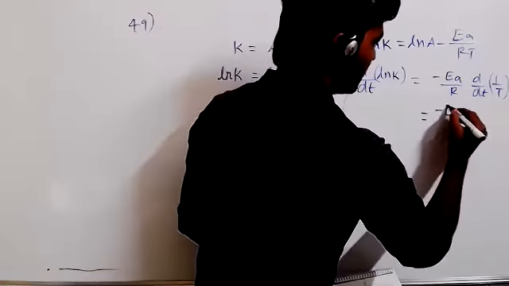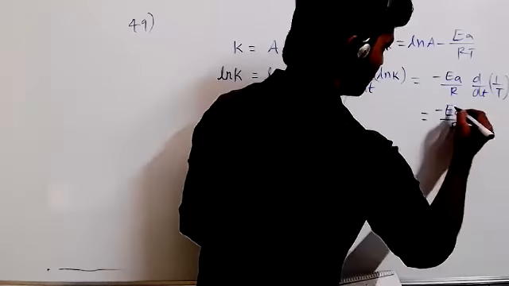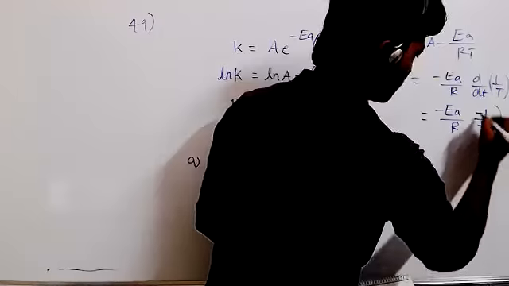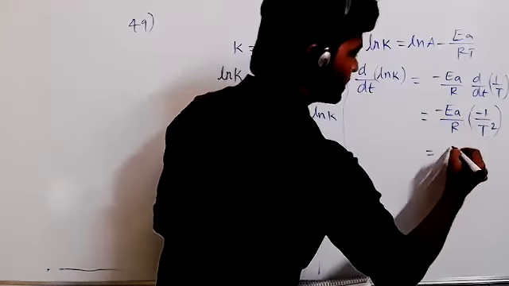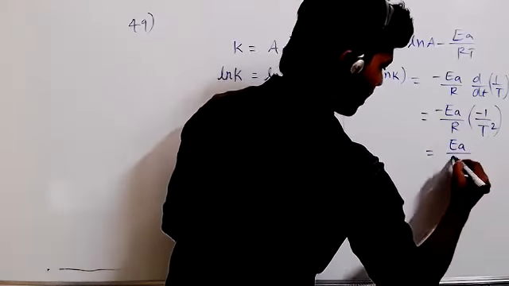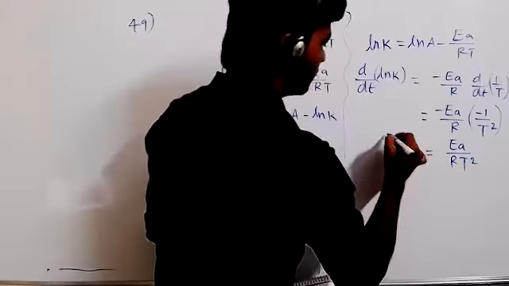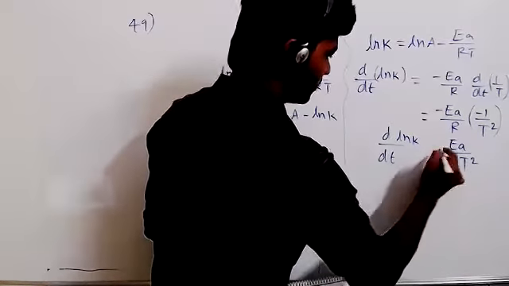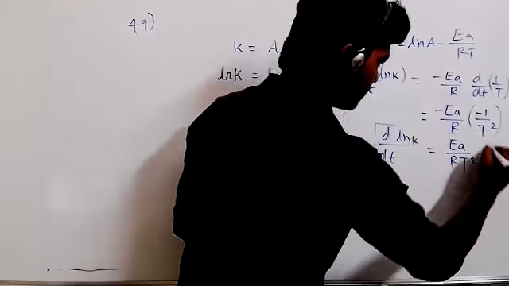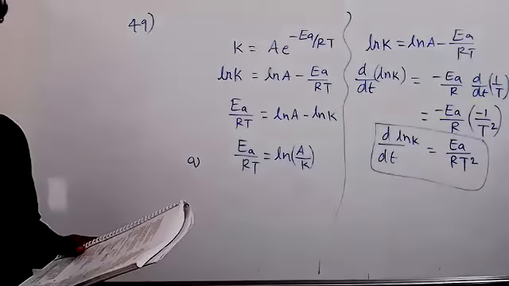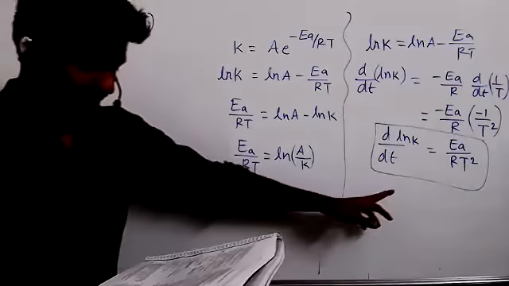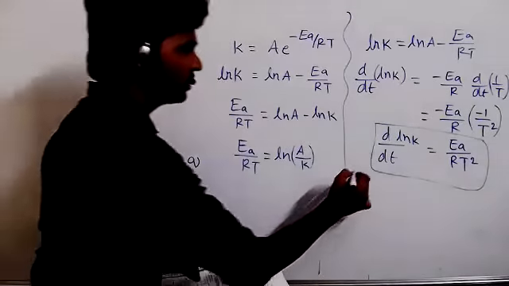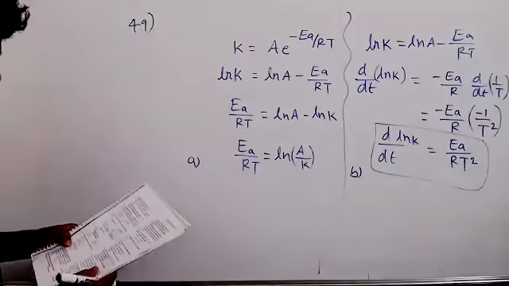So minus Ea by R, times minus 1 by T square, gives plus Ea by RT square. d by dt of ln K equal to this. Okay, this is also fine. Option B is also correct.